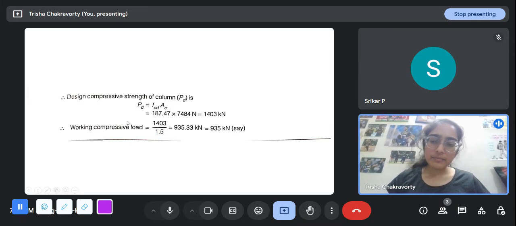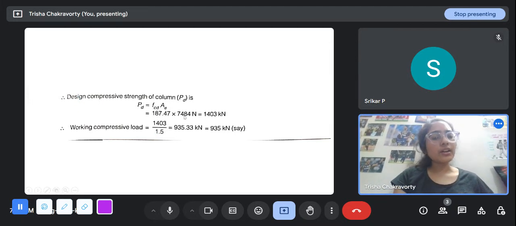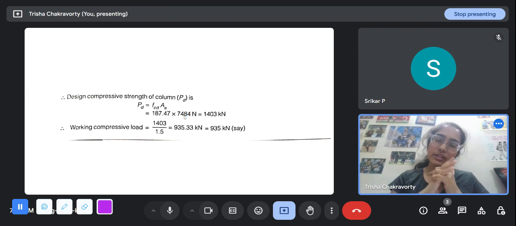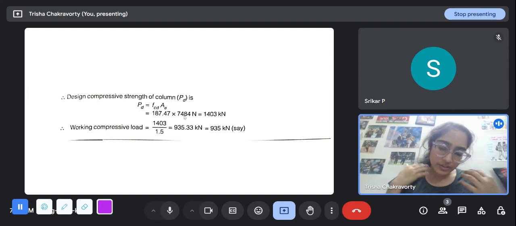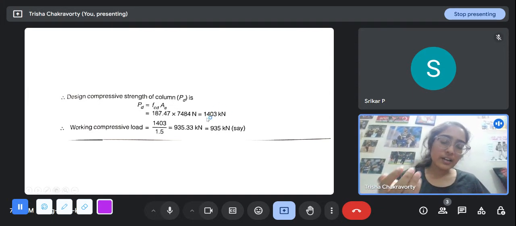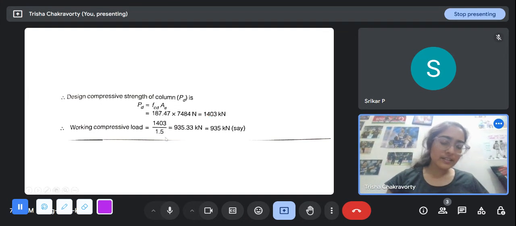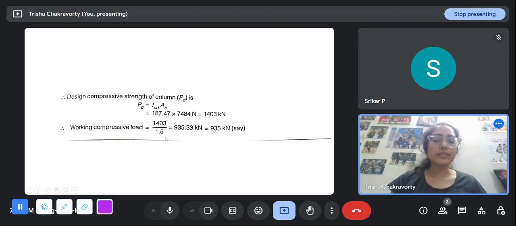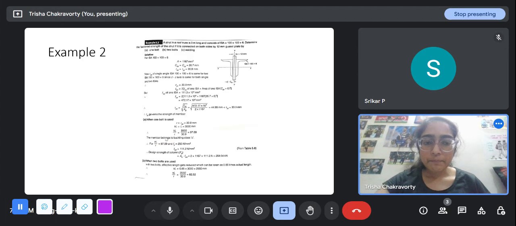You can understand that because design is what my column section can actually take. But in working conditions, I won't let it reach its maximum capacity, so I will allow only a lesser one, divided by 1.5. This is the whole point of limit state design.